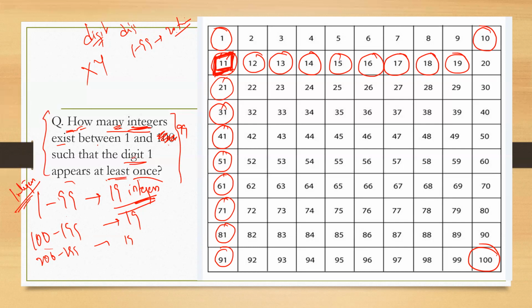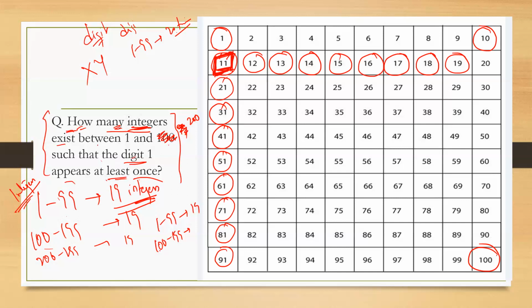Yes. For example, if I say how many integers exist between 1 and 200 such that the digit 1 appears at least once? Again, 1 to 99, you know it is 19 such integers. From 100 till 199, how much will you include here? It should not be 19, Dinesh.